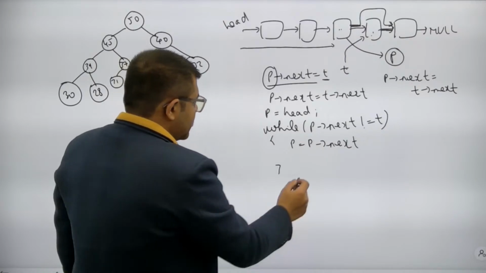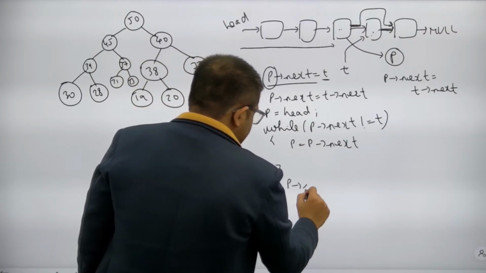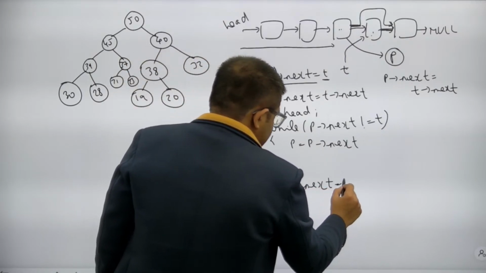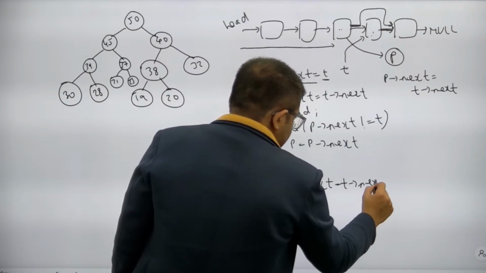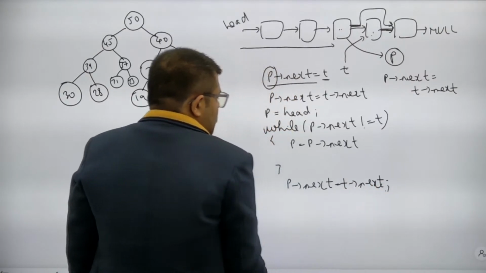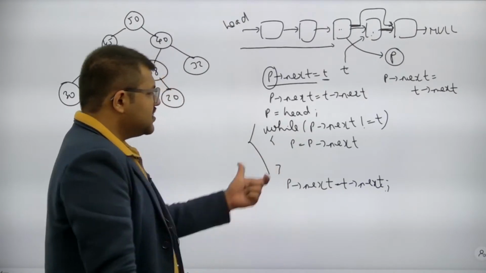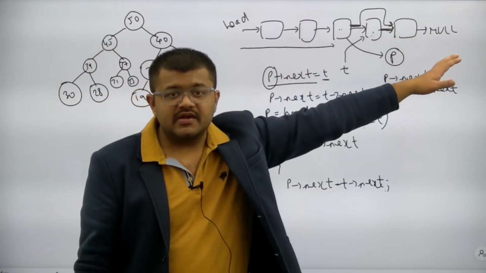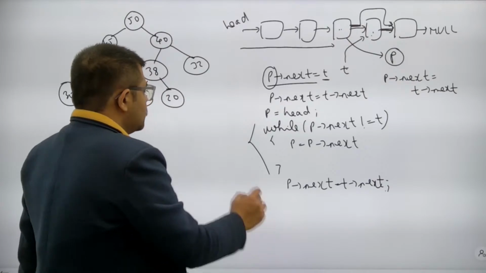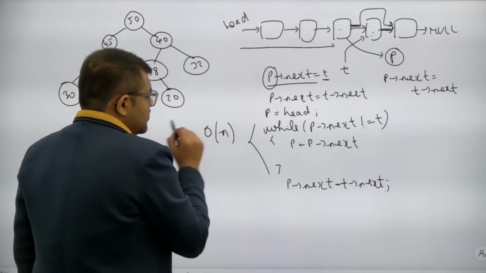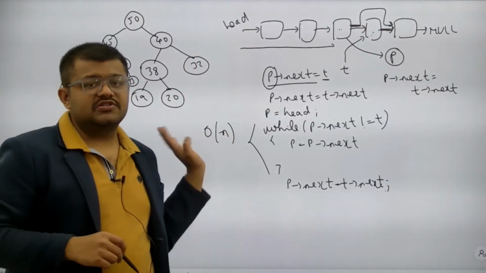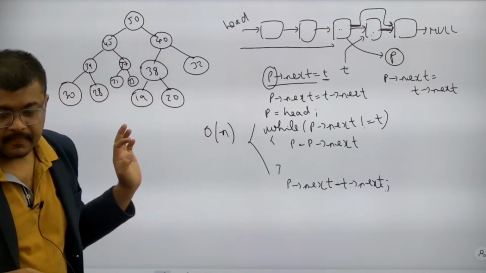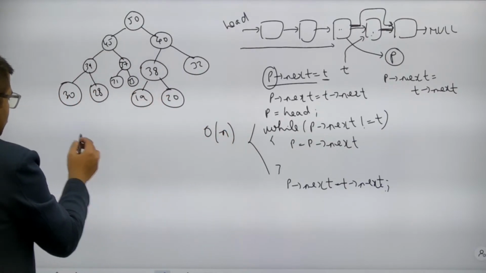After coming out of the while loop, you say P next is equals to T next. Because of this while loop, worst case, you need to traverse the linked list. Traversing a linked list takes big O of n time. So for singly linked list, the deletion time is big O of n. Now let's talk about doubly linked list.